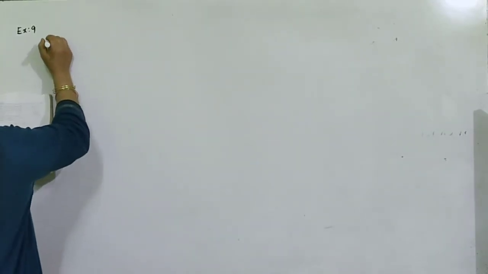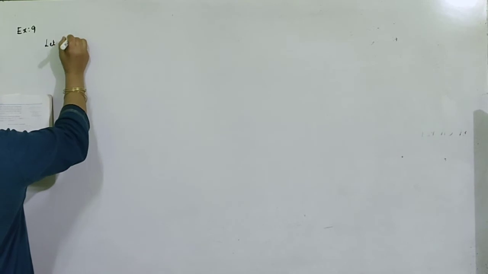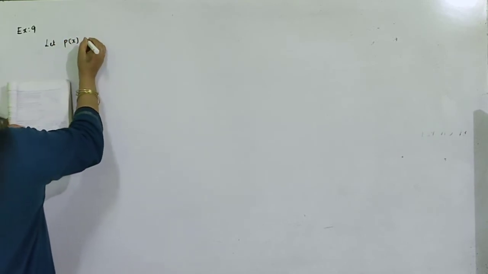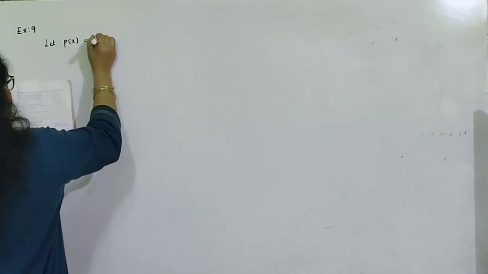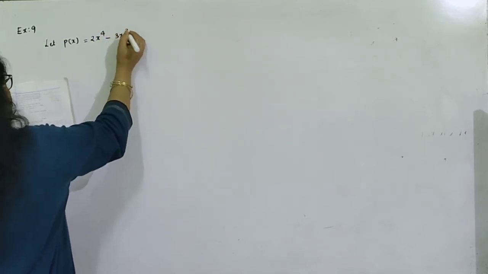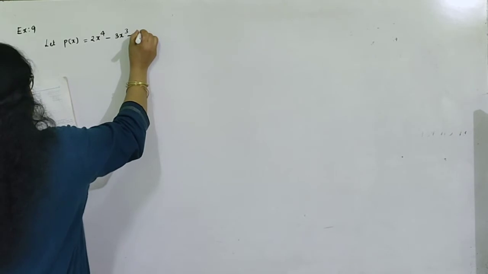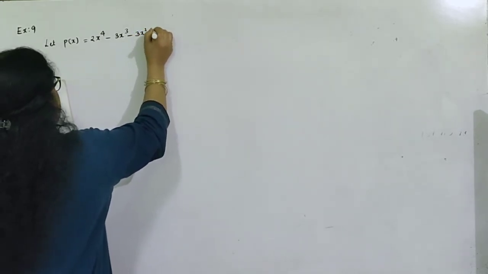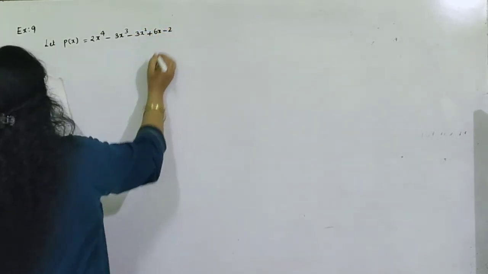I am writing that the given polynomial I am taking as p of x. P of x equal to 2x raised to 4 minus 3x cube minus 3x square plus 6x minus 2.